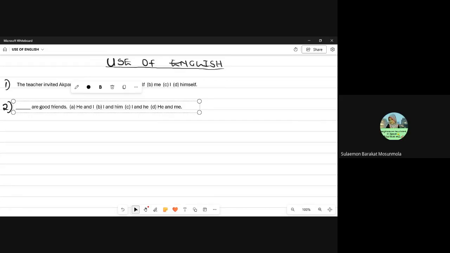So in today's class, we'll be looking at relative pronouns and some other pronouns that we need for this class. But before we proceed, I would love us to try our hands on these two questions.